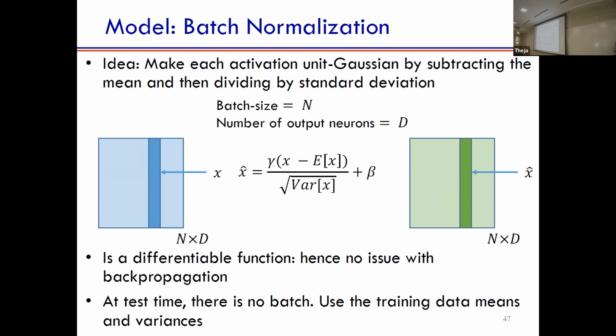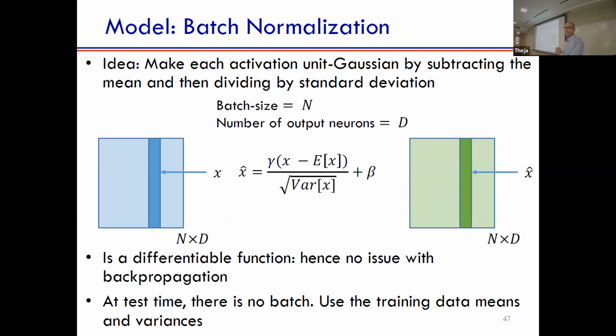So every set of activations. Let me explain what I mean by that. Remember, in our training, we start with a batch of inputs, whether a batch of images or a batch of feature vectors, whatever they are. We get a batch, and then we do a forward pass.